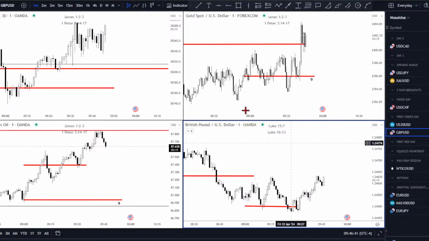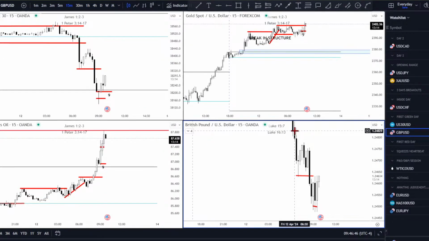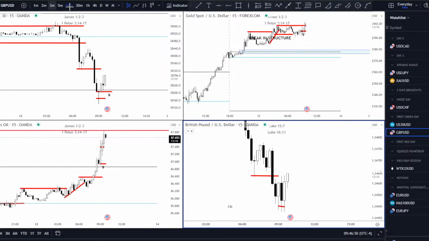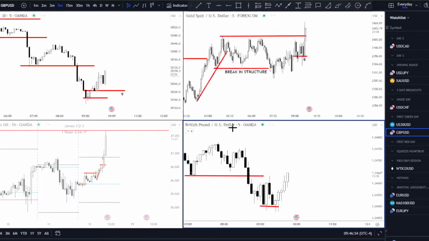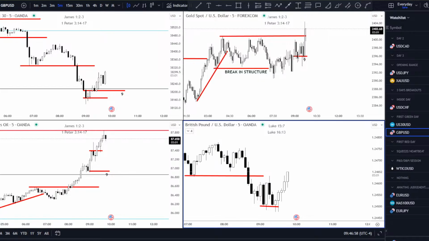Also, the 15-minute chart just made a W at the low of the day. The only thing that kind of stinks is the news is looming.